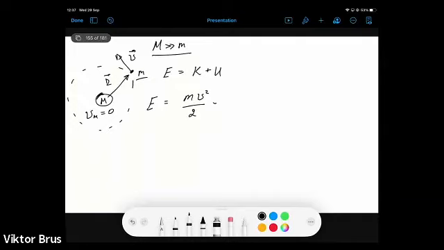That will be minus G times M times m, the masses of the two objects, divided by r. So this is the expression of total energy of the system.